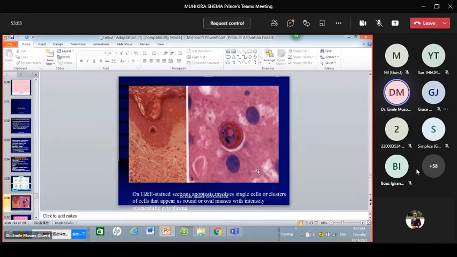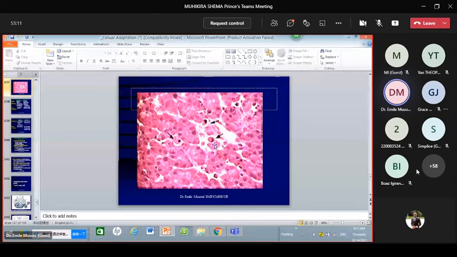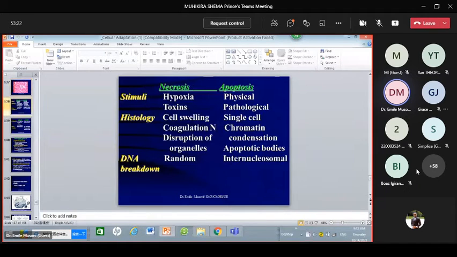On this image, you see here some pycnosis, and here some pycnosis, and here you see apoptotic bodies. It is a comparison of necrosis and apoptosis, as we have said.